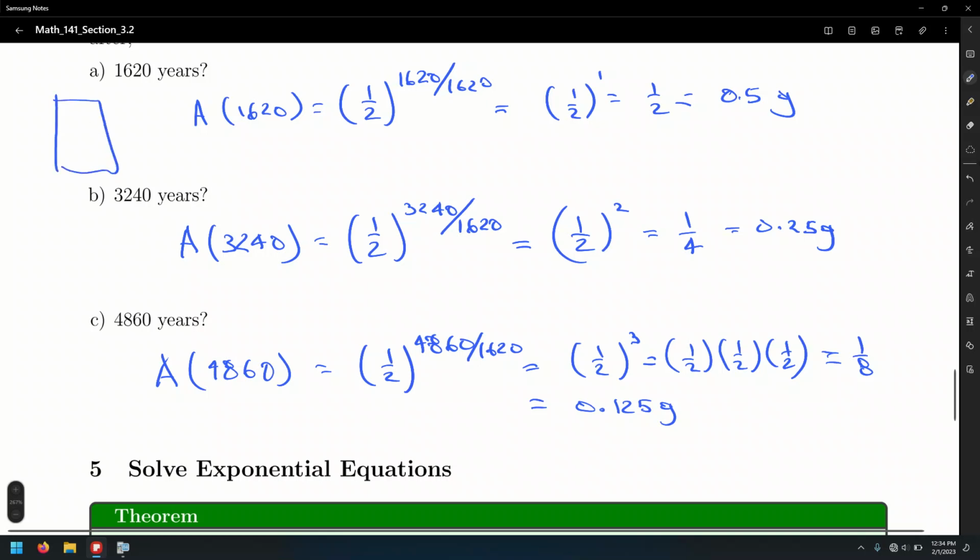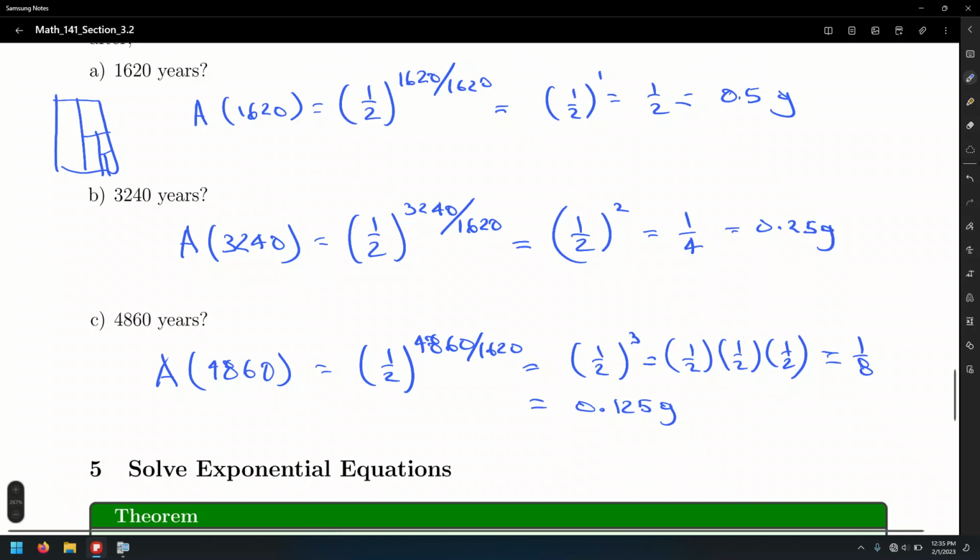You have one sample, half of it, and then half and half and half and half, etc. So it's going to be maybe millions of years before that 1 gram becomes nothing, essentially. Maybe not ever. That's again because we have a horizontal asymptote on the exponential function, so it will be infinitely many years before you get 0 grams of that sample.